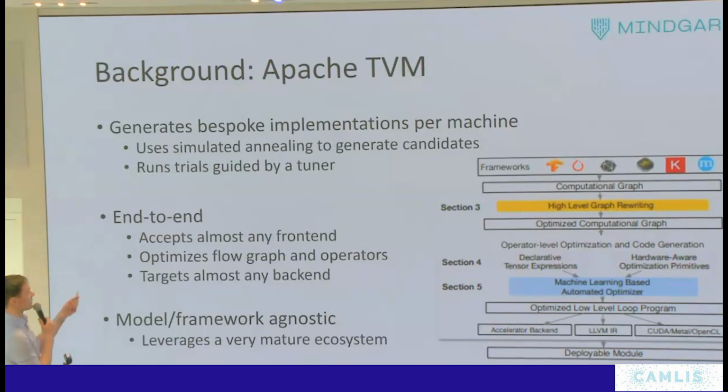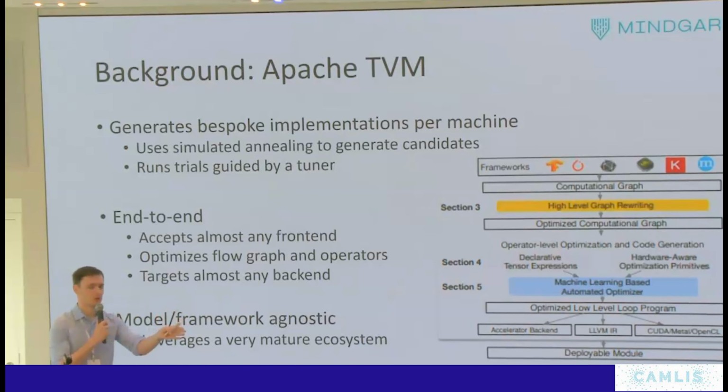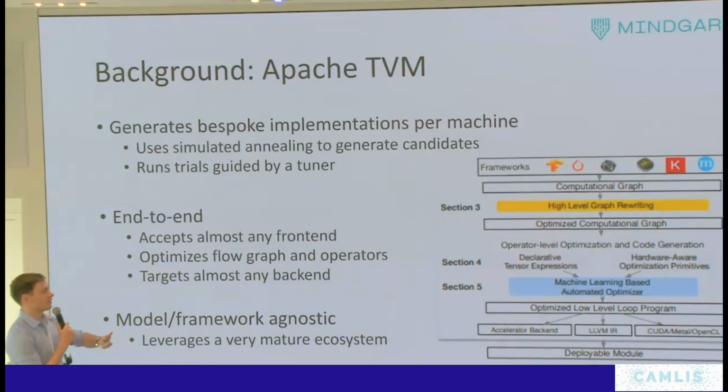It uses simulated annealing to generate a set of optimizations that could potentially be applied to your model. It applies them and tests how well that runs on your machine. From that, it trains a model to estimate the cost to run on your machine, so you don't have to test it every single time. It guides its tuning towards sets of optimizations that run better on your hardware. After like 500 iterations, you can go from a model taking 500 seconds to run to a model taking half a second to run.